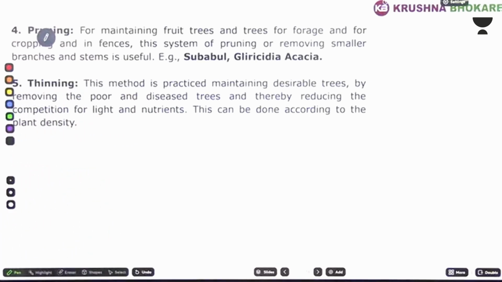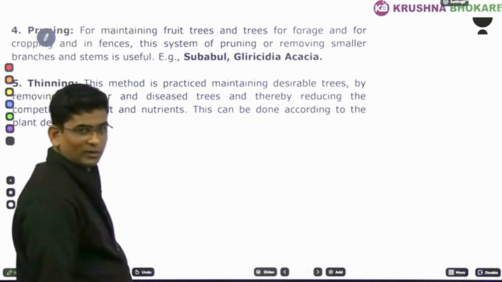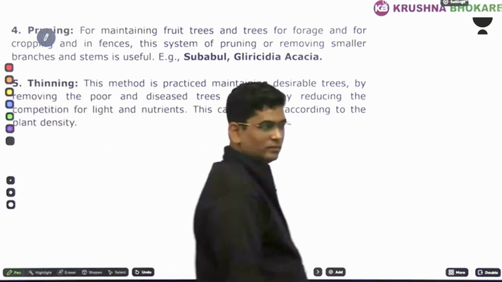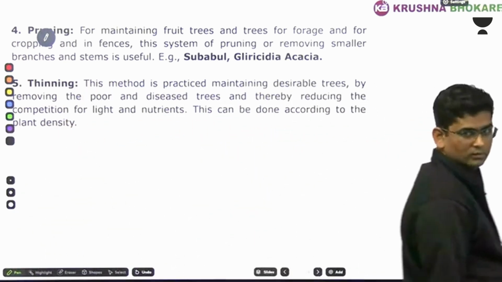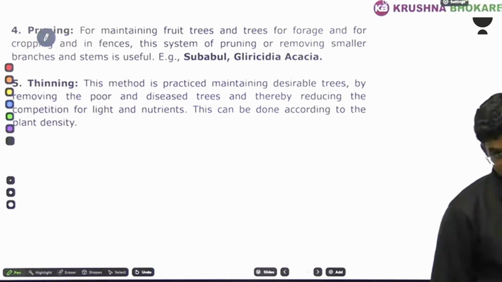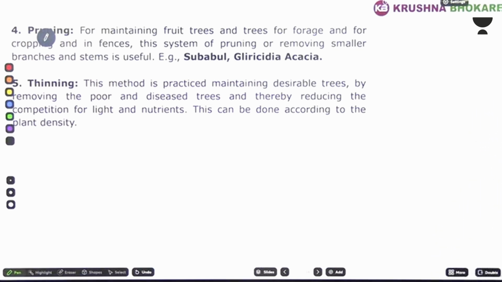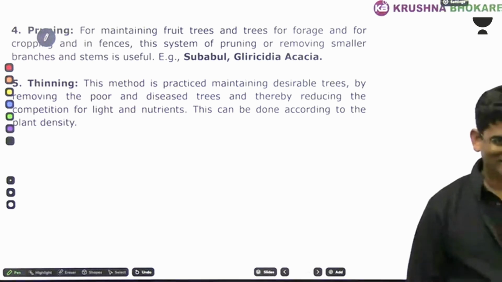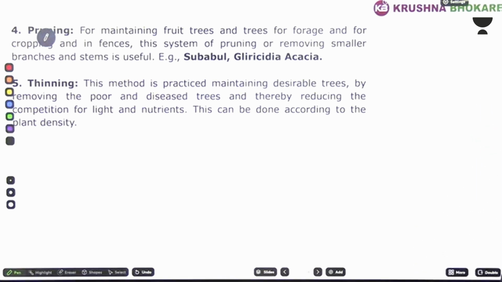Then pruning. We have seen pruning in horticulture. What is meant by pruning? Removal of dead and diseased branches, sanitizing the tree so that it allows more sunlight. I told you the types of pruning, who remembers?